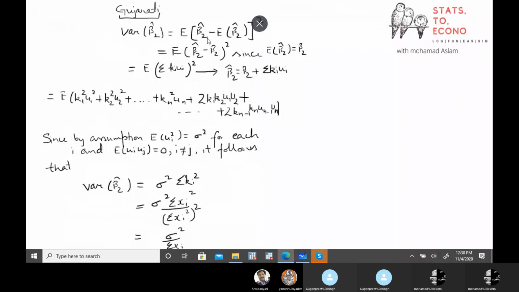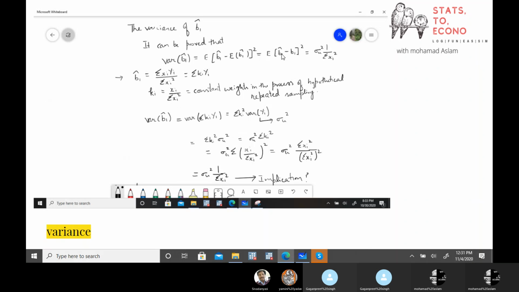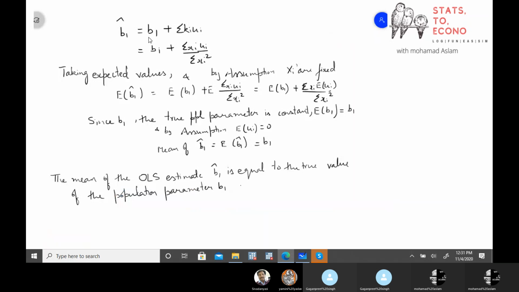It is beta 2 hat minus the expected value of beta 2 hat, squared, and we proved that this is an unbiased estimator, so it's equal to beta 2. So we need the value of beta 2 hat minus beta 2, or beta 1 hat minus beta 1. We proved this in our last equations. So here you can get this value: beta 1 hat minus beta 1 is equal to summation ki ui.